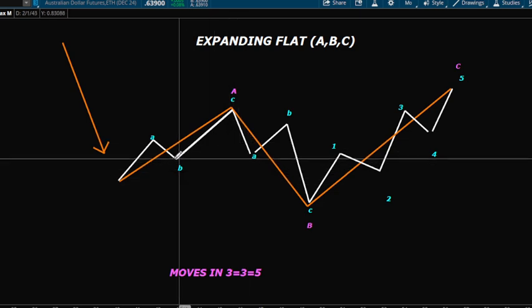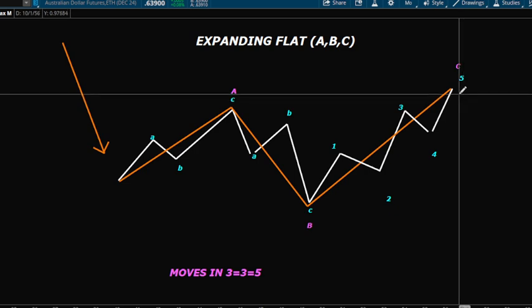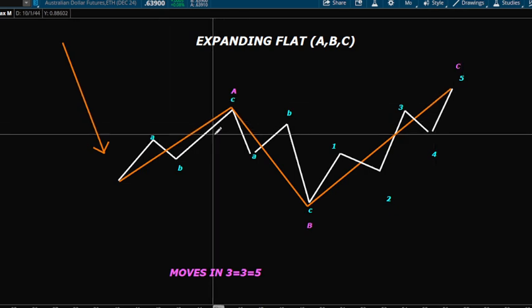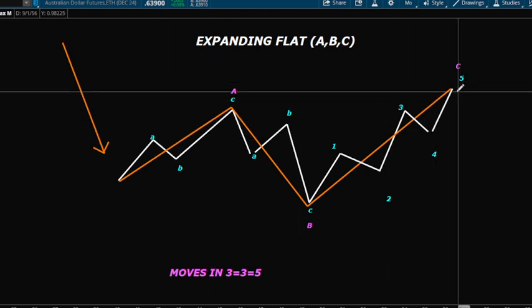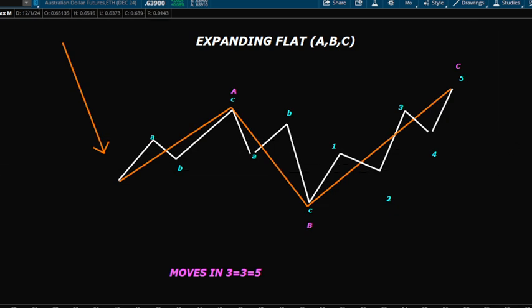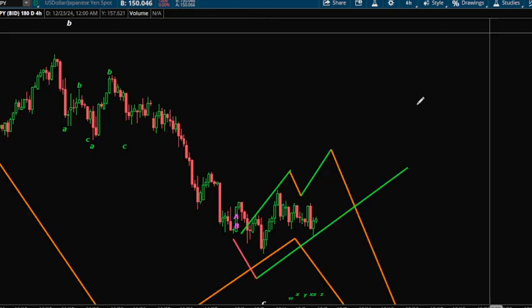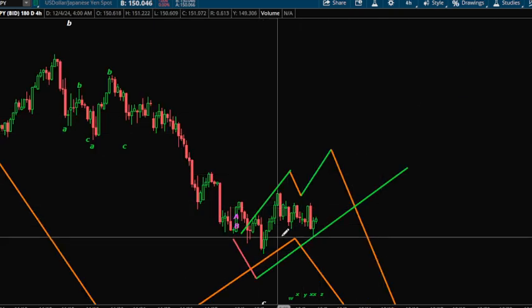So anyways, once the ABC is on the move up for the reversal, I just find the retracement for B, and then we continue on up for another leg. So that seems to be the case here.